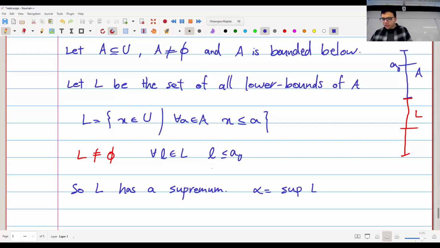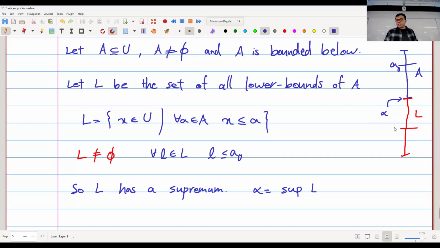Alpha is the supremum of L. So this point here is alpha. Alpha is the least upper bound of L, and L itself was the set of lower bounds. Now, I want to talk about this particular point, alpha. Is it in A? Is it in L? Is it in both of them? Is it in none of them? What's going on here?